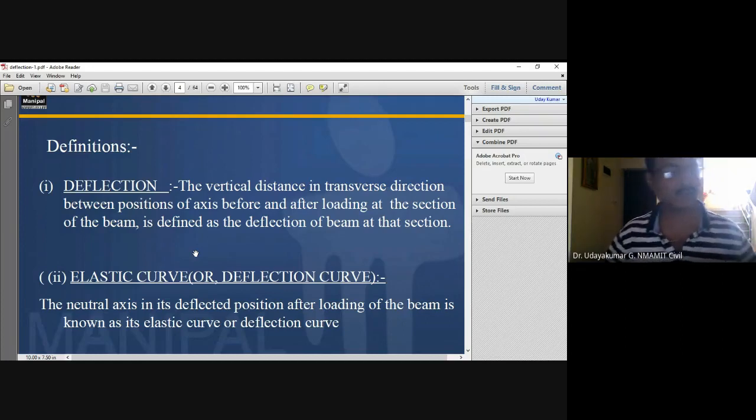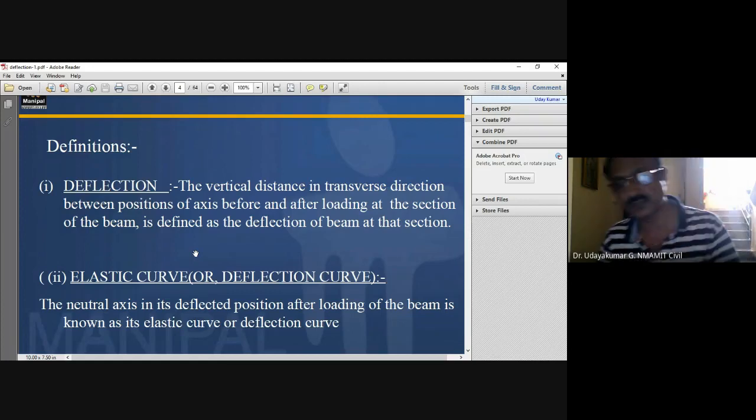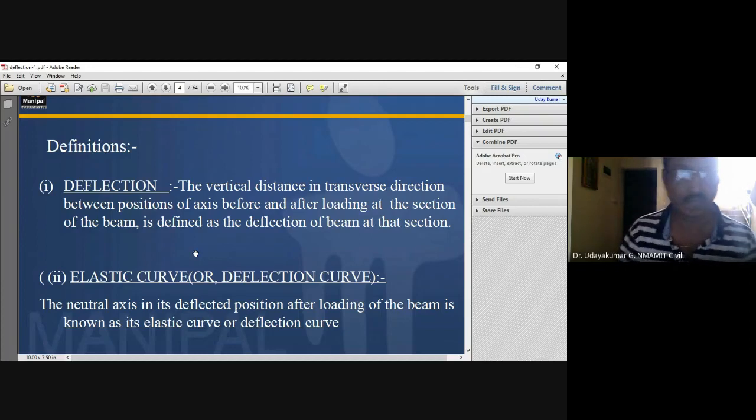Suppose this is the beam subjected to loads. This is how the axis of the beam deflects, the vertical deflection. This is a cantilever, and there are different conditions like simply supported, continuous or overhanging beams.